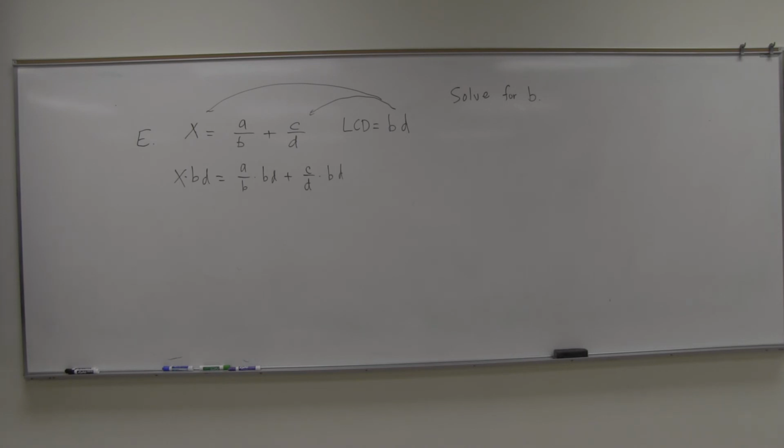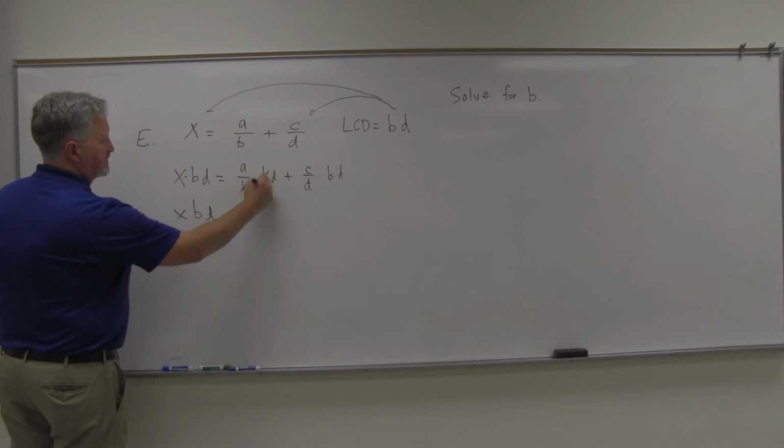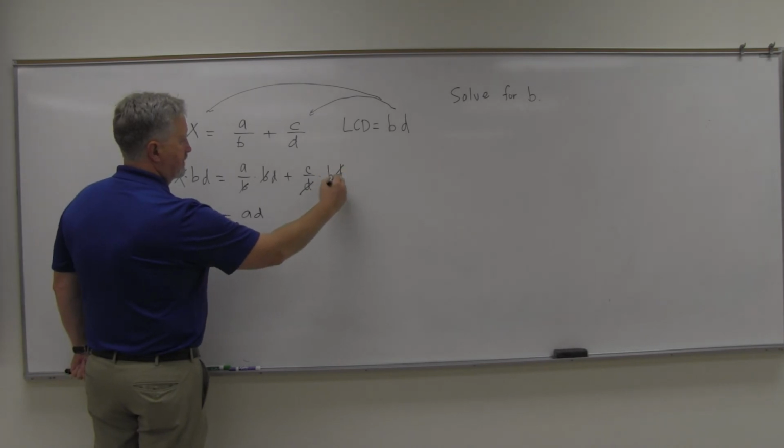Solve for B. All right, so we've got XBD equals, the B cancels, so we just have AD. The D cancels here, so we have CB.